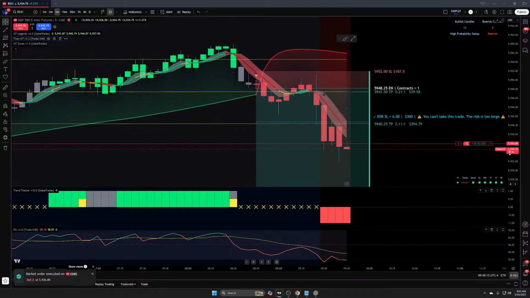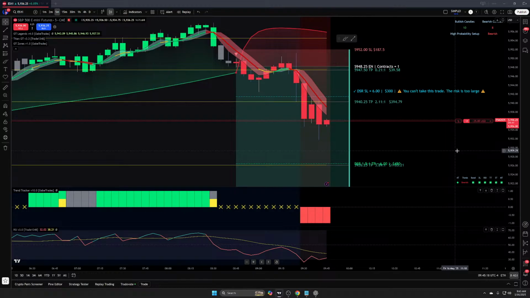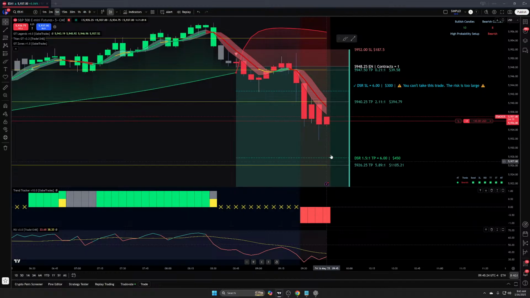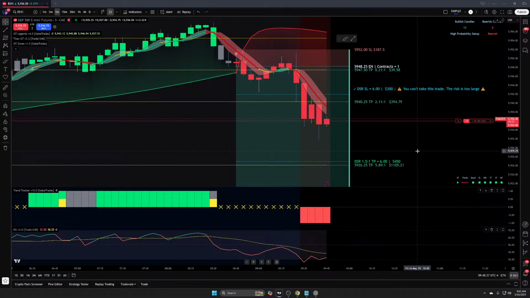Now, everything is red. I want you guys to pay attention to this, because scalping, you need your band and your trend tracker pretty much in confluence. So when you're scalping, you're trading the band with GT 500 and making sure you have confidence right here. We got it close enough to the band.